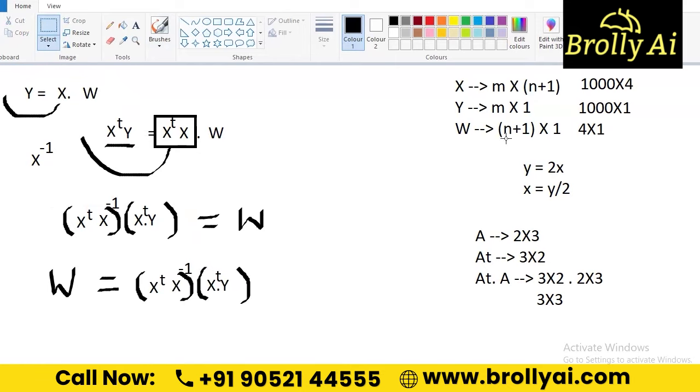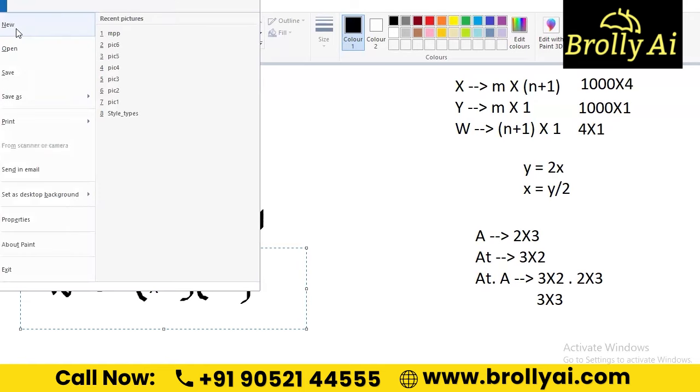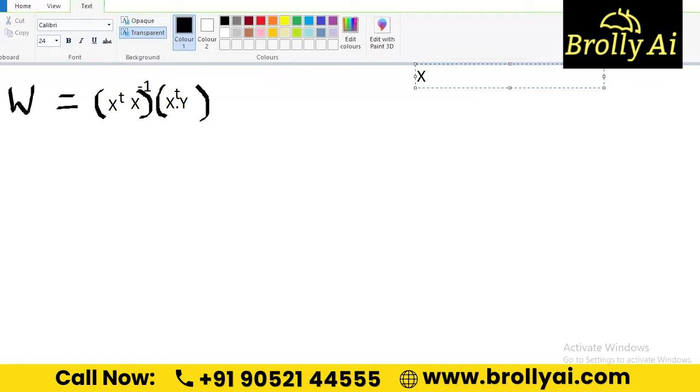Now what size are we expecting for this? N plus 1 by N. Let's tally whether this equation is correct or not to find out this W. Let's verify. As per our previous size of x, m rows, n plus 1 columns, correct?